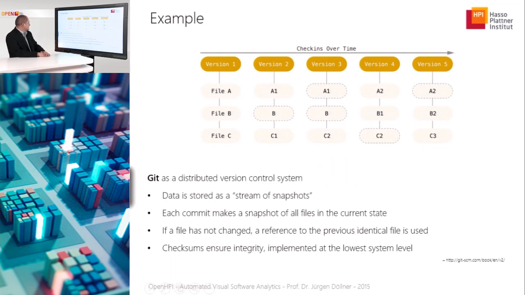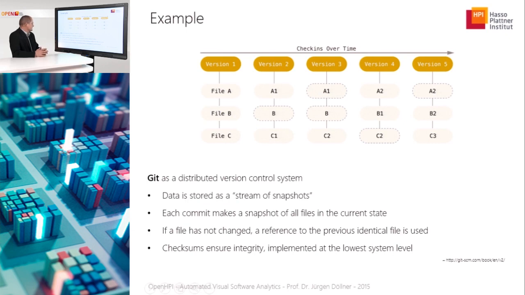As an example, let's look at Git. Git is a distributed version control system, and data is stored as a stream of snapshots, not differentially. So these snapshots somehow simplify the internal operation of the system. Each commit makes a snapshot of all files in the current status.